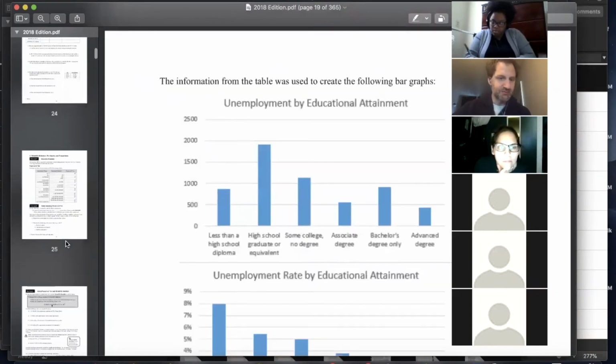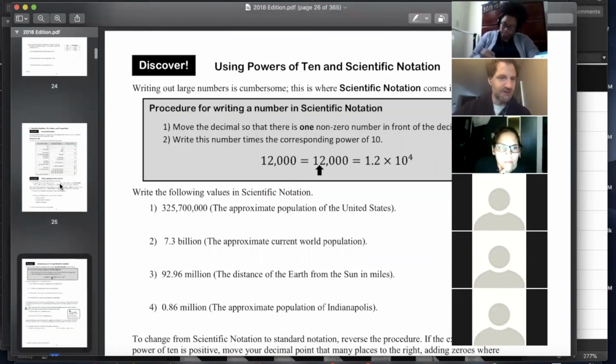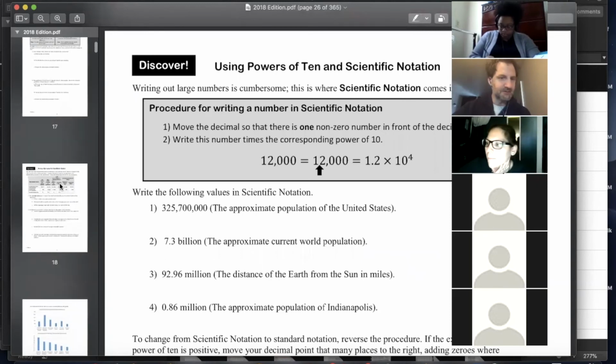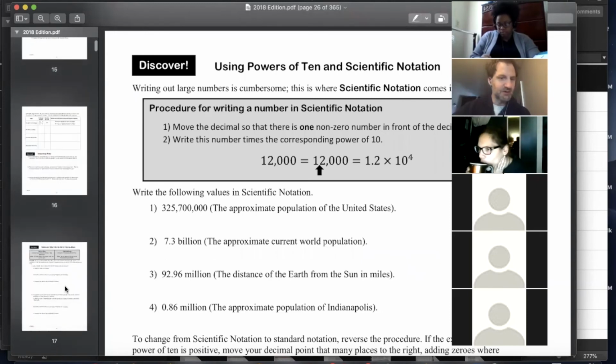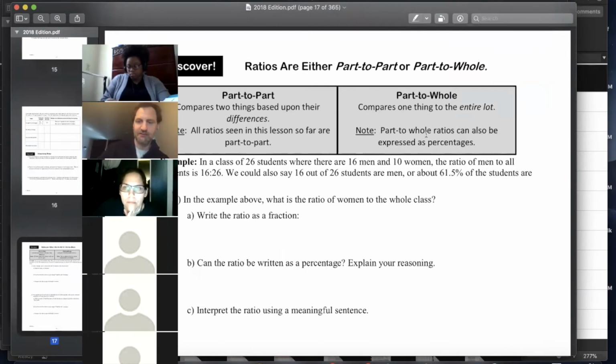We're going to talk more in depth about percentages in a little bit. This is the part that I asked you to highlight here. Part to whole ratios can be expressed as percentages. That's really the biggest deal in terms of distinguishing between part to part and part to whole.